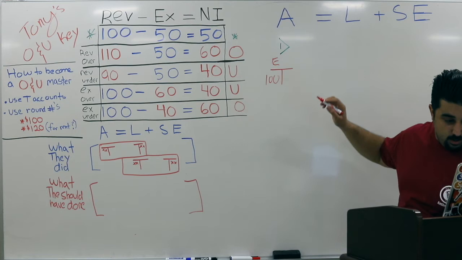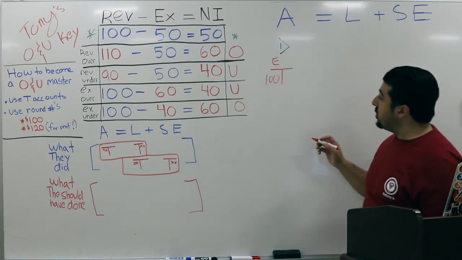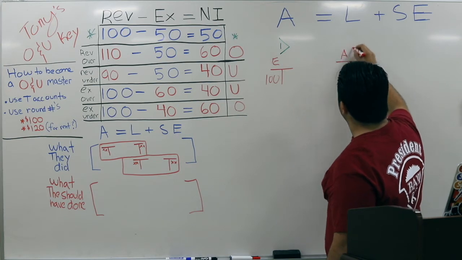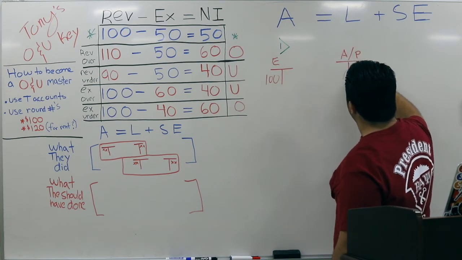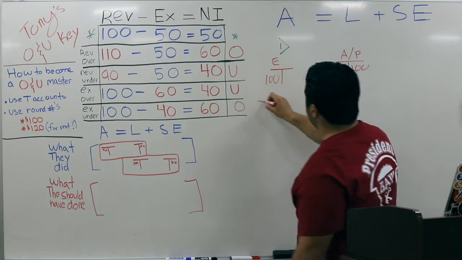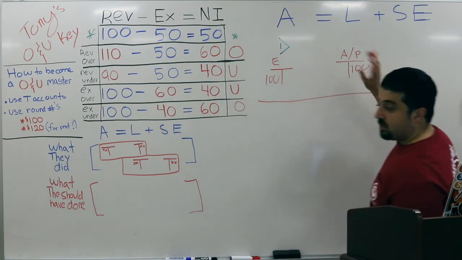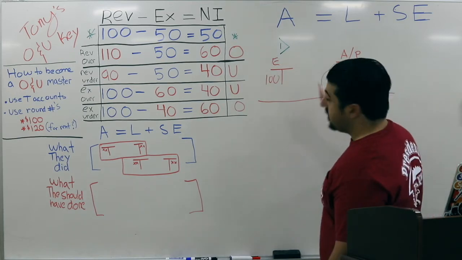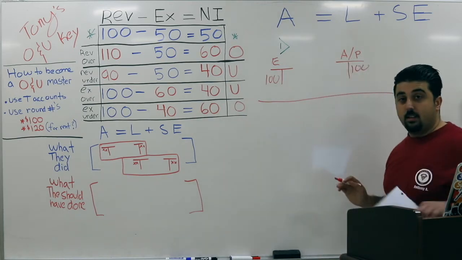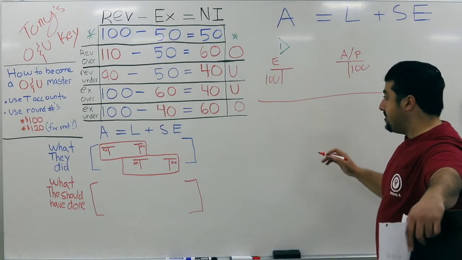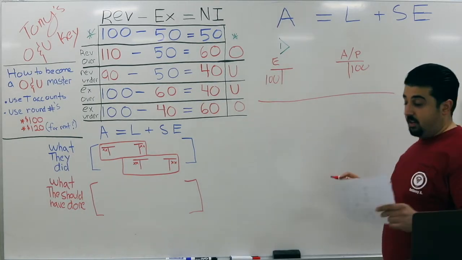And credit to accounts payable. So this is what they did, right? Nice T accounts, everything super fantastic. So next is what they should have done.